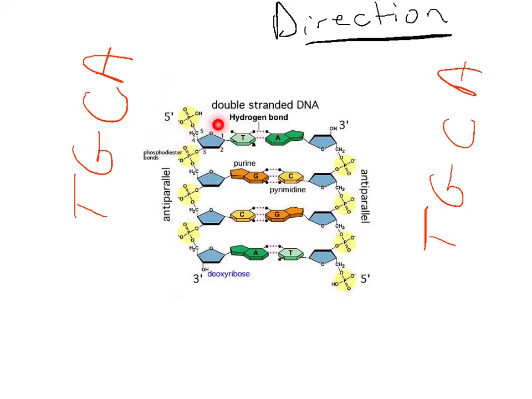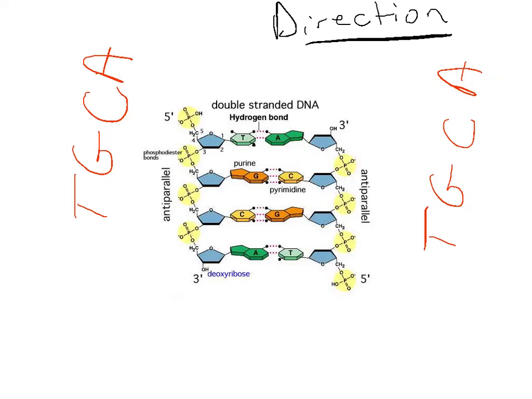So the left strand reads T, G, C, A, and the right strand reads T, G, C, A, giving you exactly the same sequence whether you read the left strand or the right strand. Not because they're the same, but because they're opposite and inverted. So because this one's upside down, notice the orientation's upside down, you're reading the same sequence no matter which way you look at it.